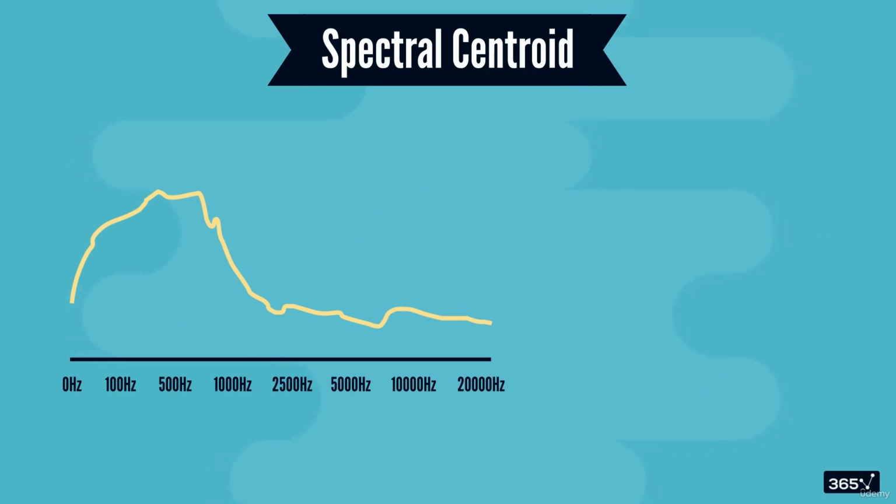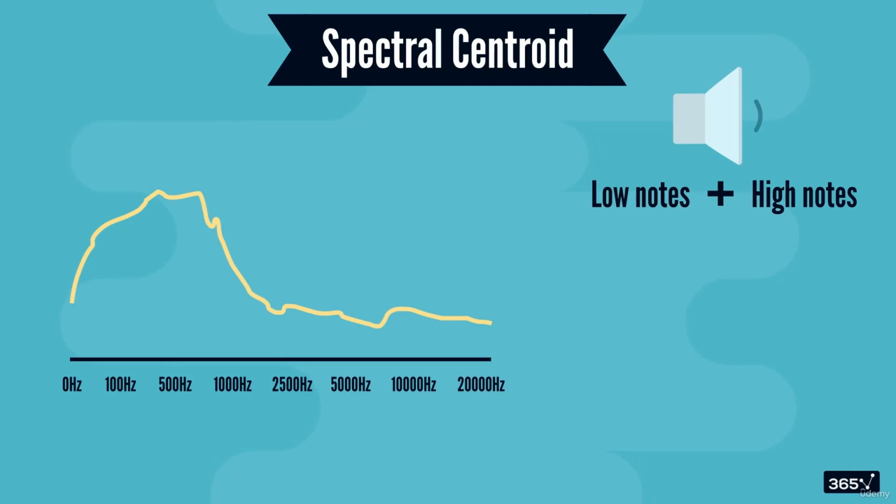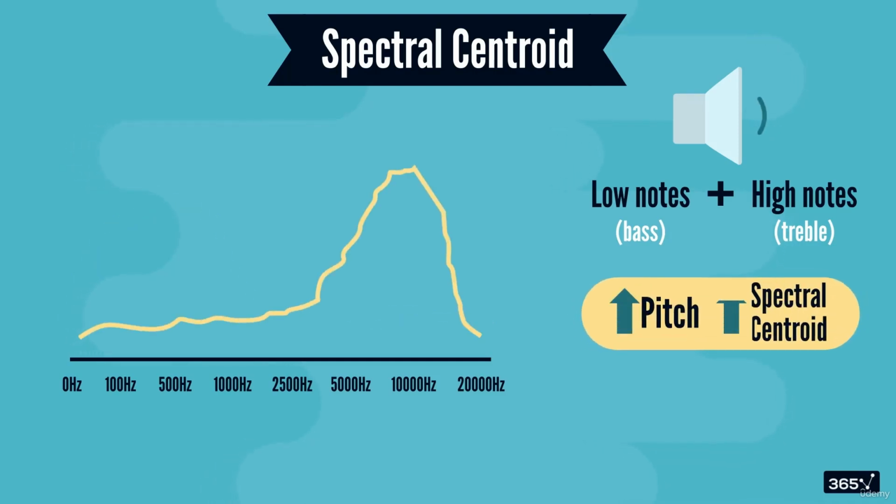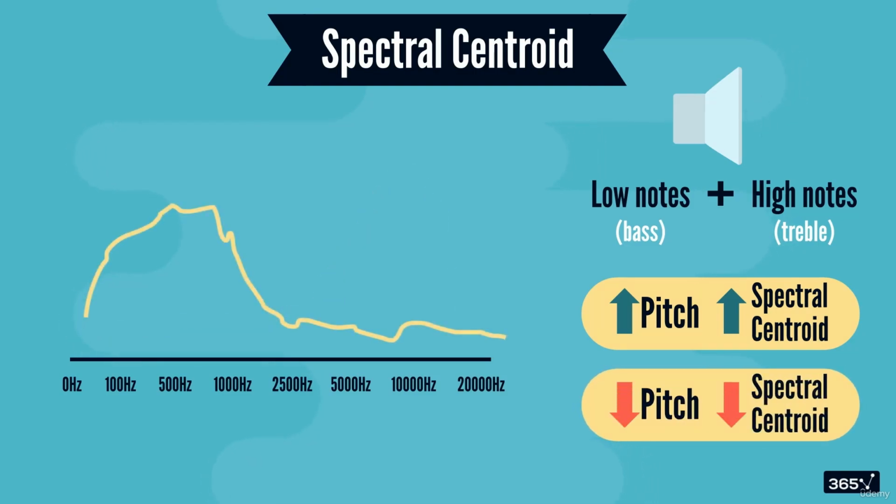Imagine you have a sound that includes low and high notes, like a mix of bass and treble. The spectral centroid helps us determine the average pitch where most of the energy is concentrated. If the sound has more high-pitched notes, the spectral centroid will be higher, making the sound seem brighter. With more low-pitched notes, the spectral centroid will be lower.